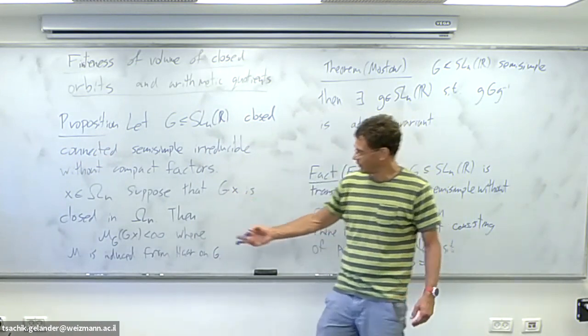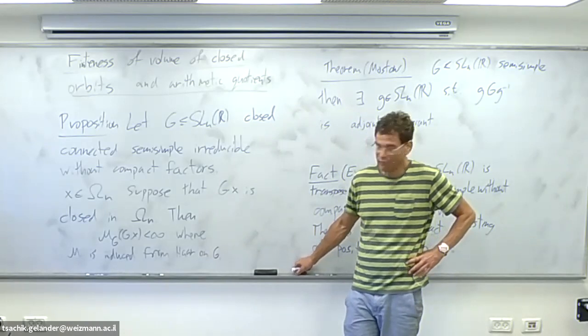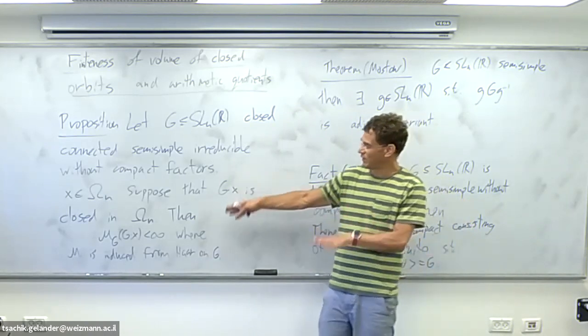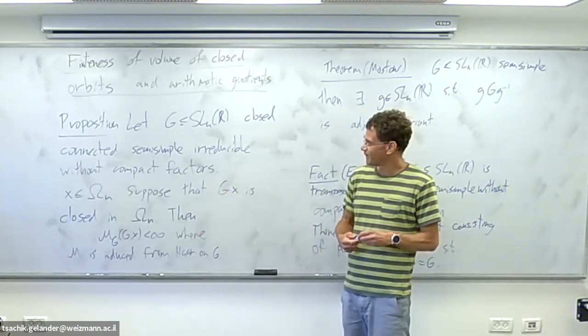From this we deduce that the orbit has finite G measure. I will explain it in more detail next time. But this is not the end of the story.